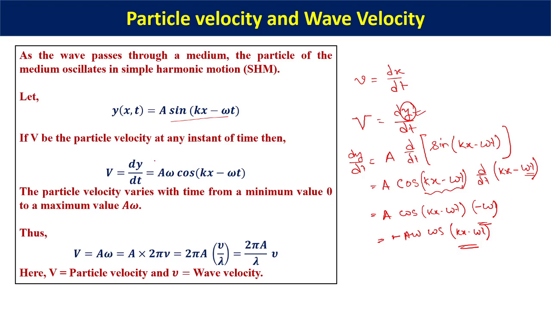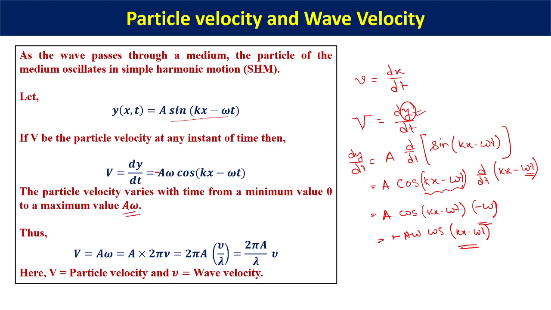This negative sign should come because I got it by differentiating with respect to time t. If you take the magnitude, the particle velocity varies with time from a minimum value 0 to a maximum value a omega.